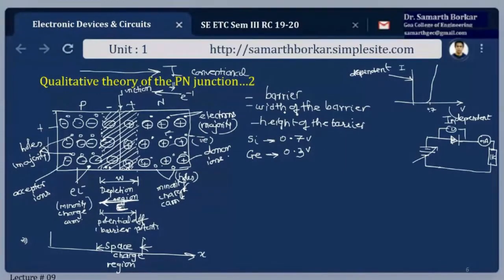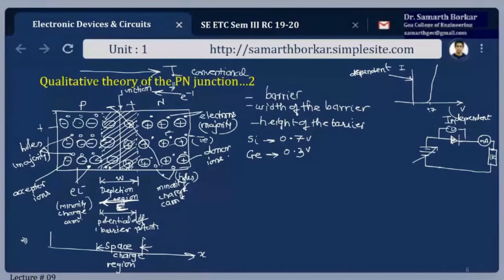Now, on account of this depletion region, we are going to have an electric field set up, which will give rise to a potential barrier. For the potential barrier, what we have seen is that for silicon it is 0.7 volts and for germanium it is 0.3. Now, this negative sign here will attract the holes.